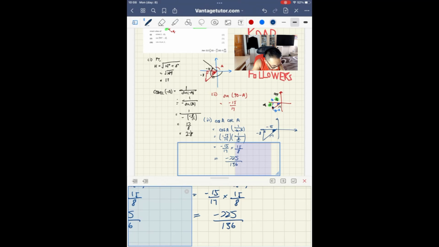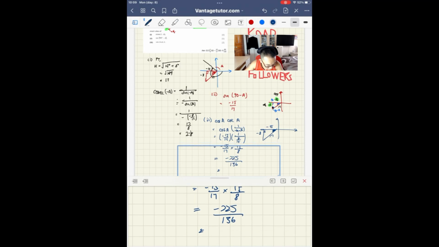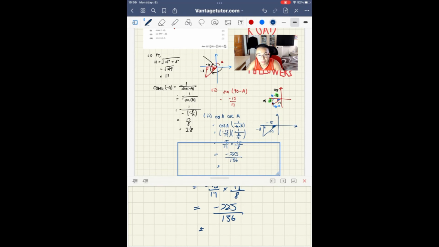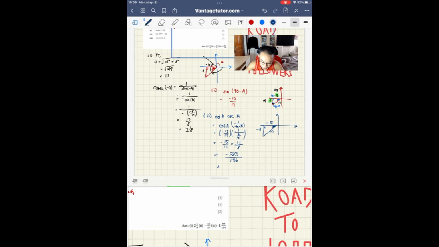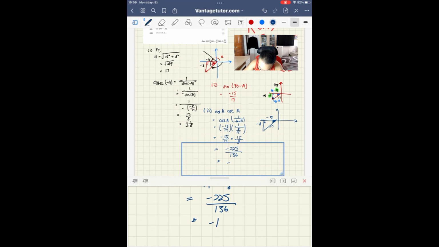Oh no, still the same thing. Basically, my calculator doesn't give me the mixed number. I would trust that my answer right here at the bottom right is correct. So it is going to be negative 1 and 89 over 136. And that's the end of the question.